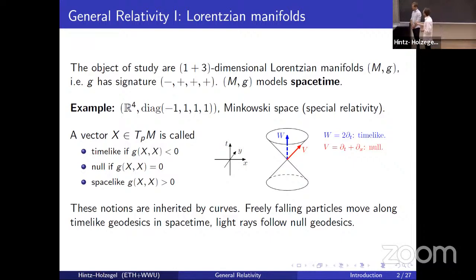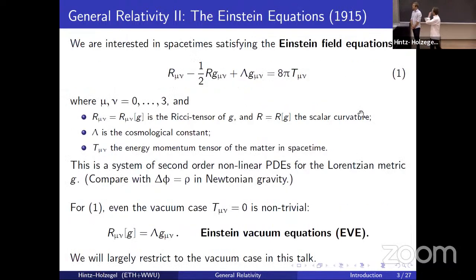Okay, so we're not just interested in any Lorentzian space-time, but in those satisfying the Einstein field equations, which I've written here. R mu nu is the Ricci tensor of g, R the scalar curvature, lambda the cosmological constant, and T mu nu the energy momentum tensor of the matter in space-time.